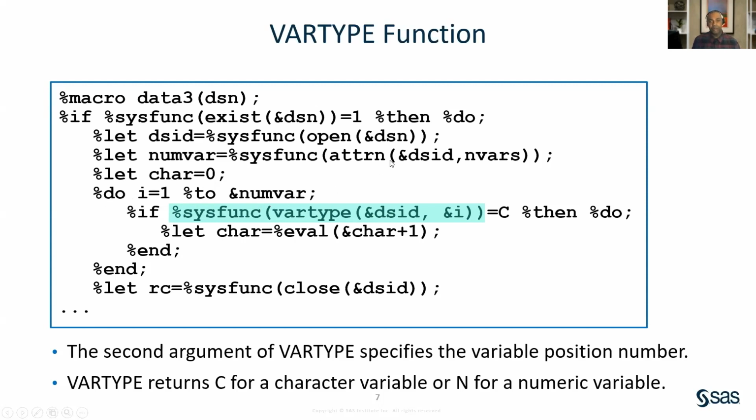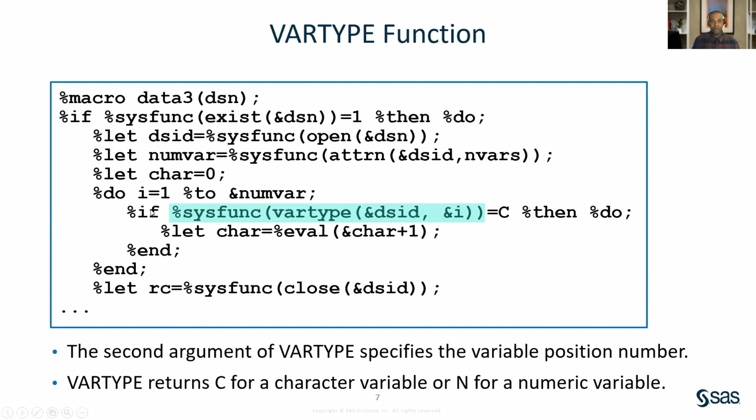You might recall that that will have the number of variables assigned to it, the number of variables in the table. And then we want to check each variable. So if I have 5 variables, this will be from 1 to 5. Remember the index variable i, whatever you call it, will automatically be a macro variable.